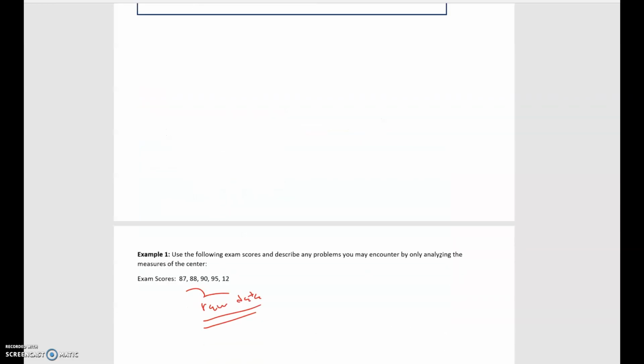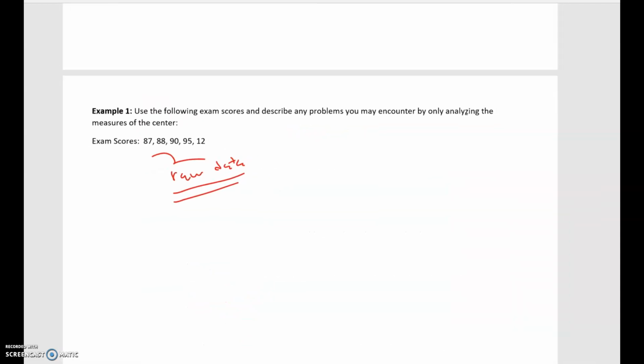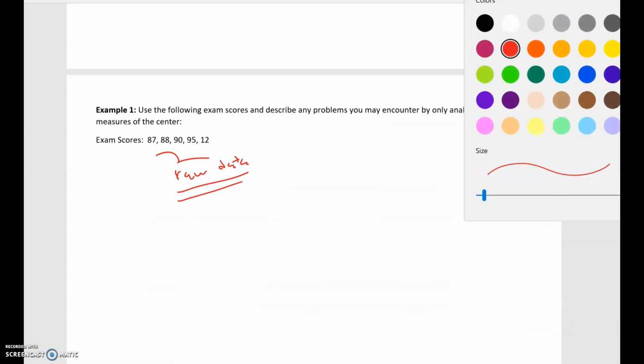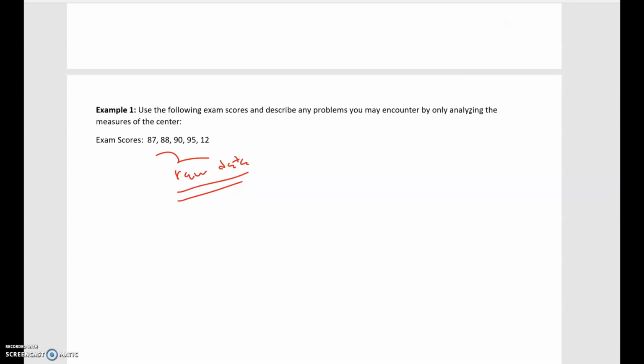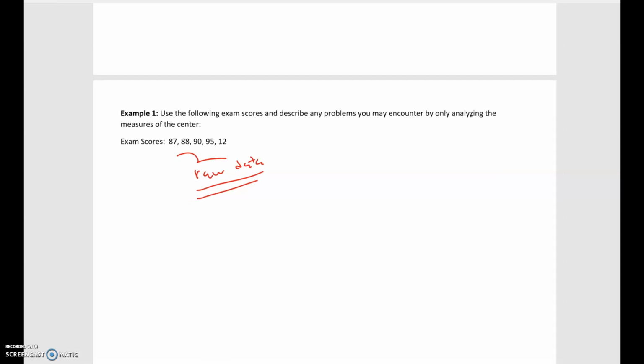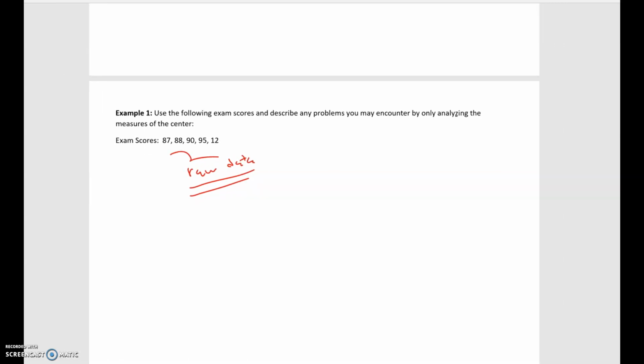So let me explain why this section is introduced first, and let's take a look at this example. They're asking, what problems could you see by analyzing the measurements of the center? One of the main problems that I see is that this value is suspicious. It's actually an outlier.